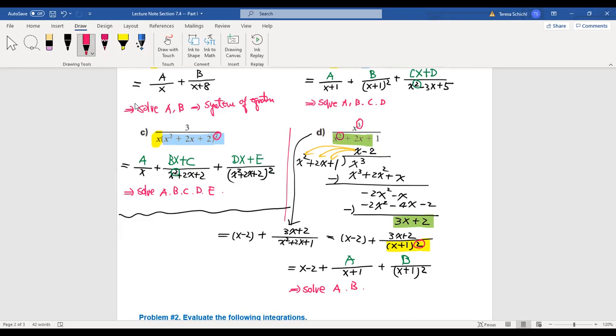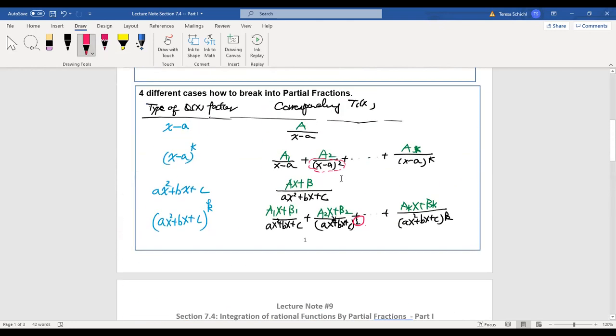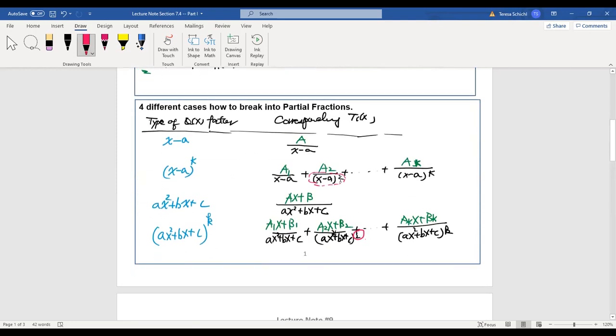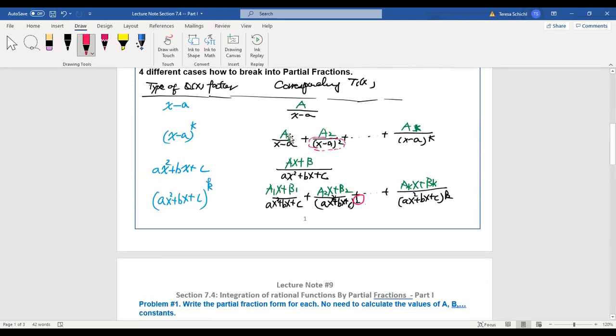All right, so that is the first video for the technique about what partial fractions mean. Just be careful when you factor your denominator, then break the denominator into several fractions. When you break these up, then you can take the integration easily, right?